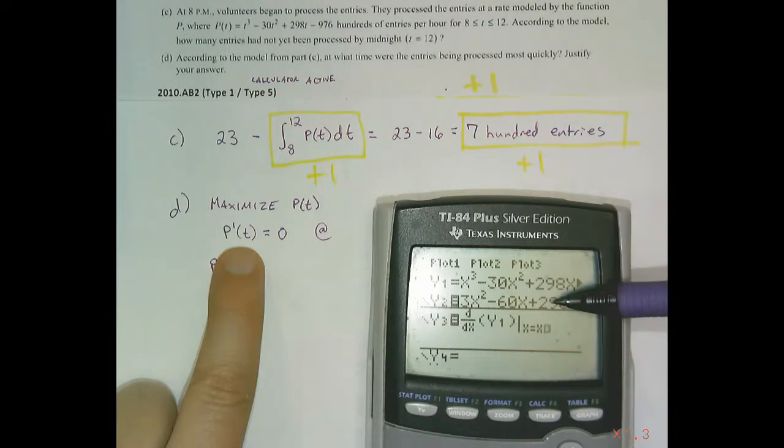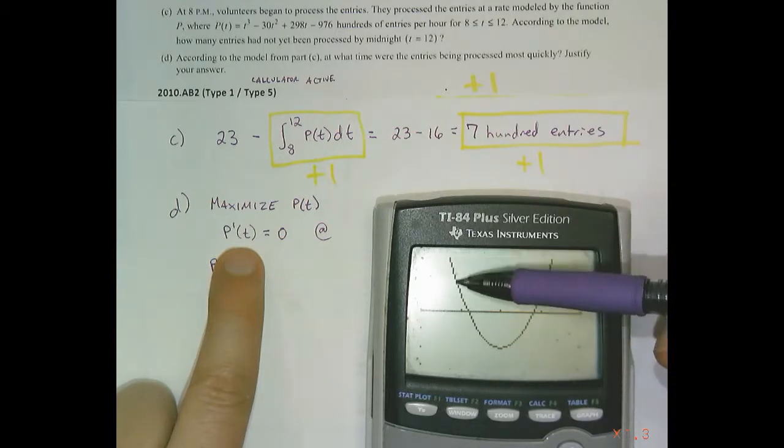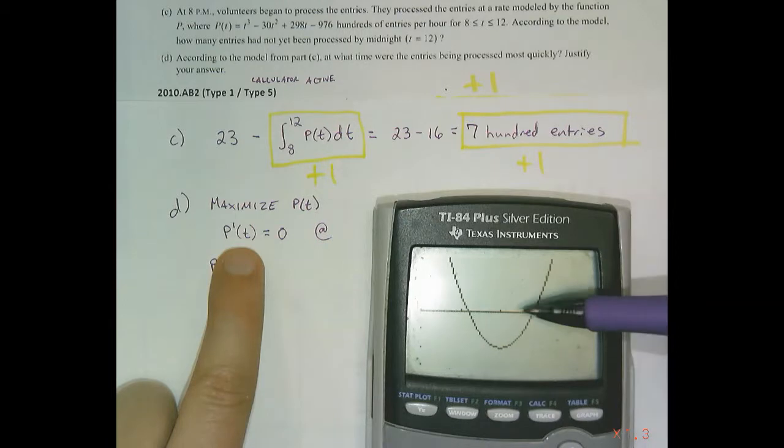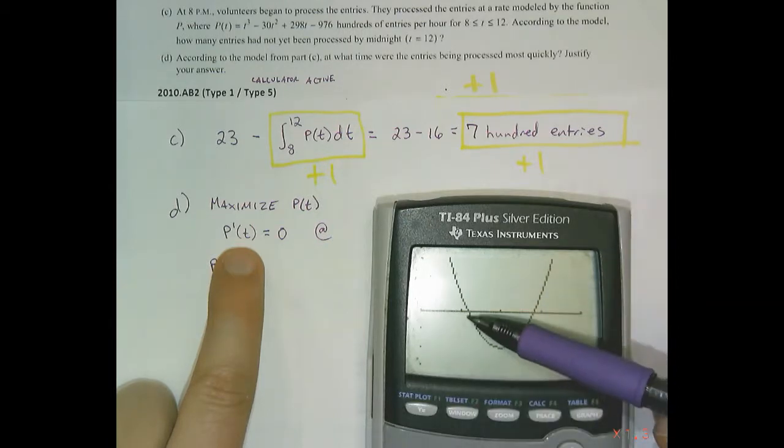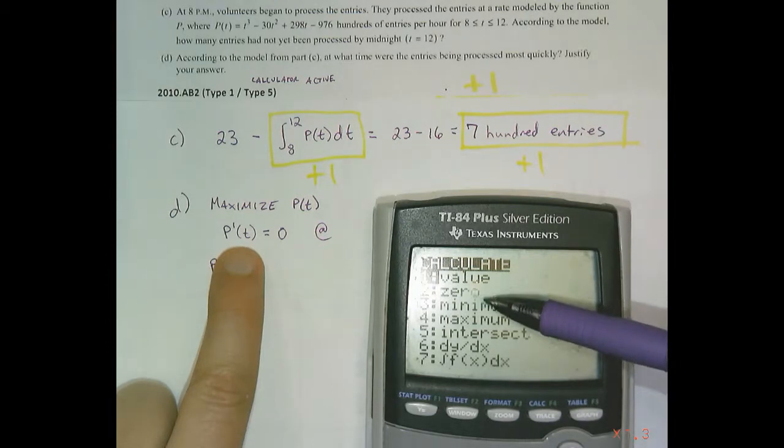Okay, let's graph this and see where the derivative equals 0. We're going from 8 to 12 on the graphing screen, and this is the graph of P prime of t. We see there are 2 locations, so we're going to need to calculate the 0 of both of those locations. So I can calculate 0.